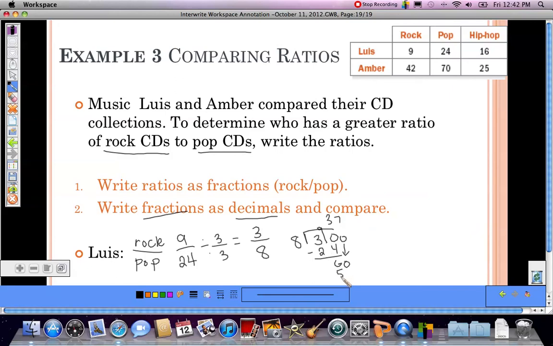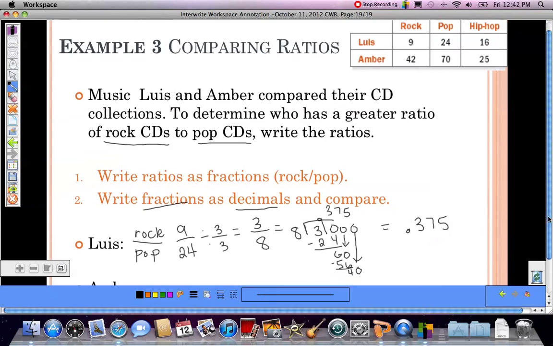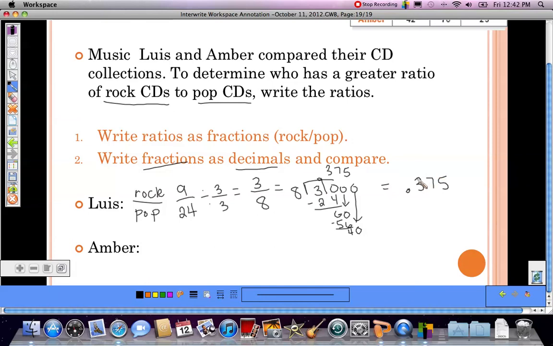That would be 56. It's 4 left over. Drop another 0, so it looks like 8 goes into 40 5 times. So as a decimal, 3/8 is written 0.375 or 375 thousandths. That decimal represents the ratio of Luis's rock to pop CDs.